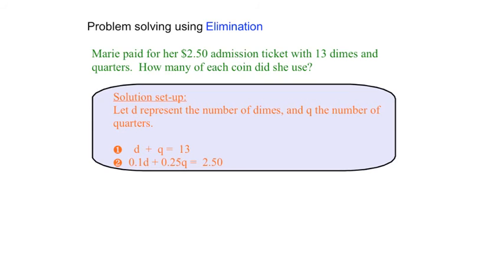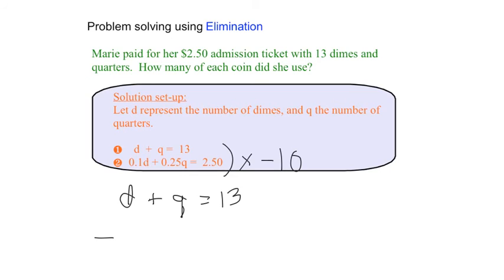In this case, I'm going to multiply equation 2 by negative 10. Equation 1 is going to stay the same: D plus Q equals 13. And for equation 2, I'm going to multiply everything through by negative 10.